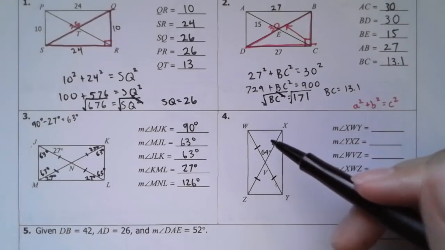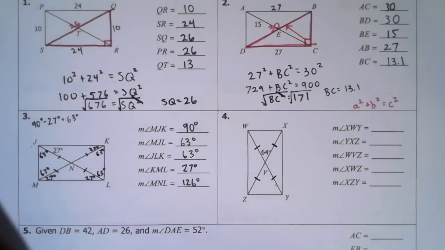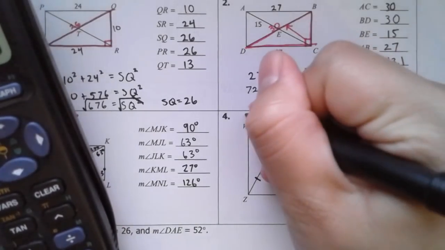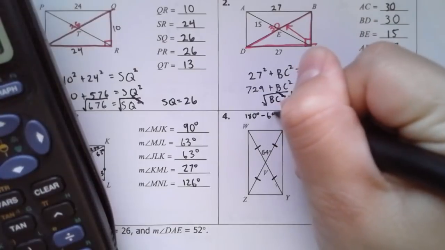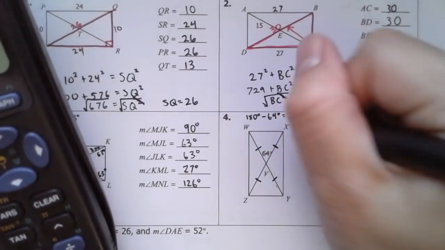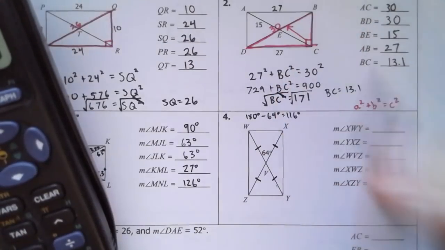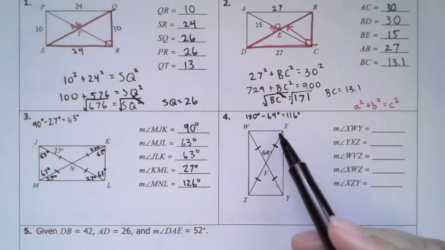So 180 degrees minus 64 degrees is equal to 116. 116 degrees is split between this one and this one.